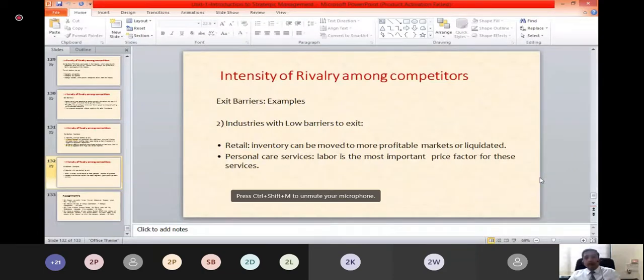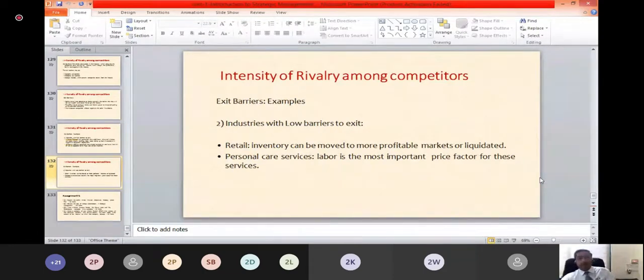There can be a few other examples of industries wherein there are very low exit barriers. So exiting or leaving the industry is very easy and does not cost much. One such industry can be retail.